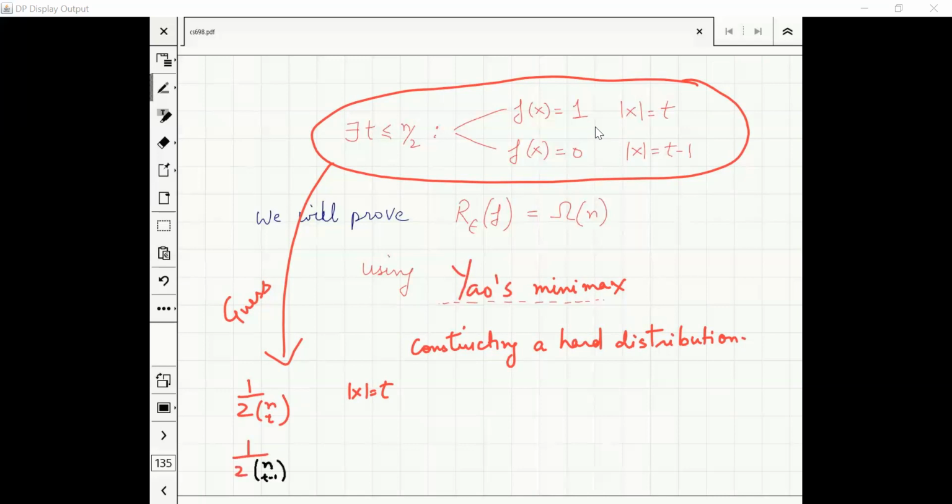That means if my x is of weight t minus 1, then the probability assigned to it is 1 by 2 times n choose t minus 1. So you have one unit of probability, you divide it into half and half. The first half is equally divided between all inputs of Hamming weight t. The other half is equally divided between inputs of Hamming weight t minus 1.